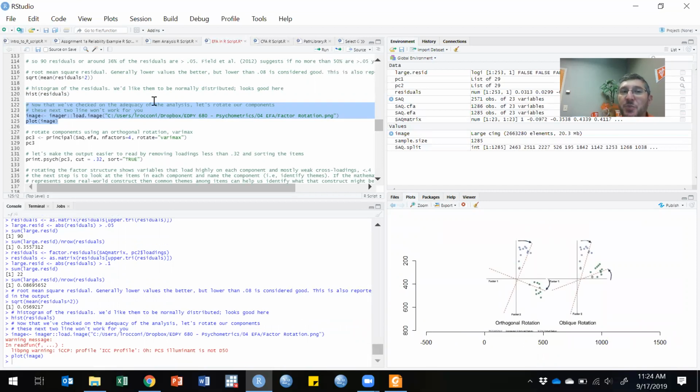These next two lines aren't going to work if you run this yourself because I just have this diagram saved on my computer. But I did this to give you an example of what's going on. So we have two factors here plotted on the y and x axis. This is factor 1, factor 2.